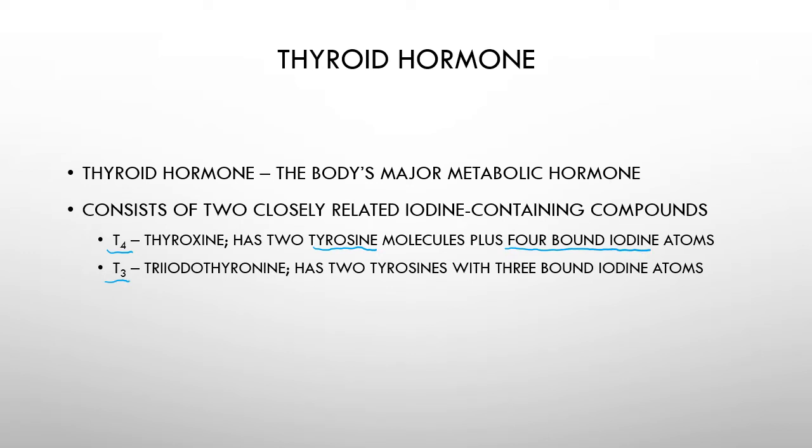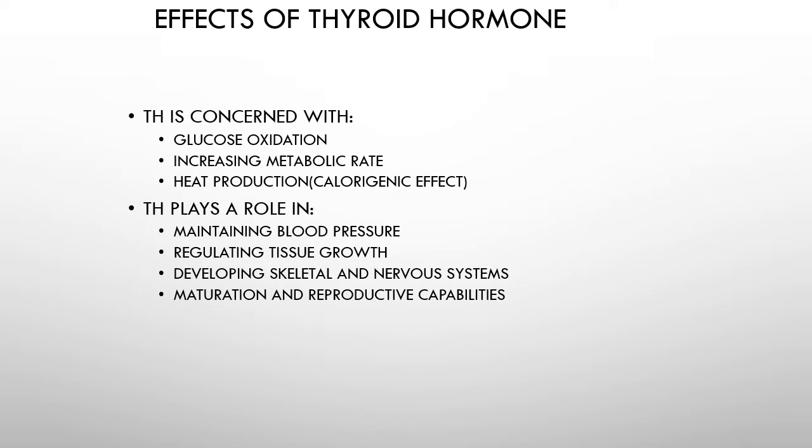With triiodothyronine, T3, we have 2 tyrosine again, and then 3 iodine combined to it. So two different molecules of the hormone, with T3 being a little bit more biologically active than T4, but we can change that once we actually get to the tissues themselves. So thyroid hormone, it's all about metabolism.